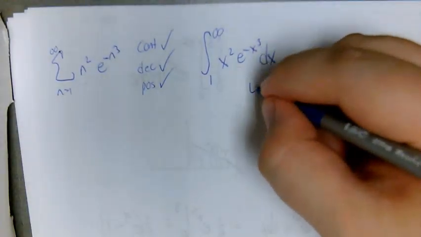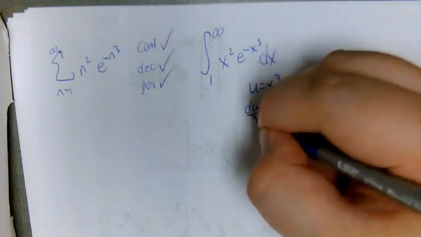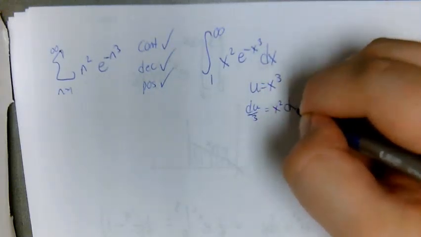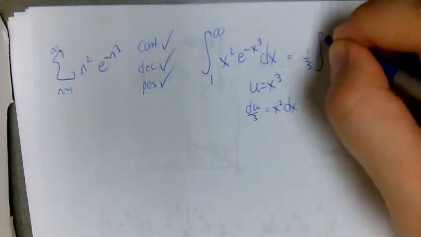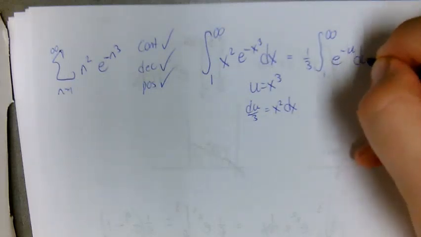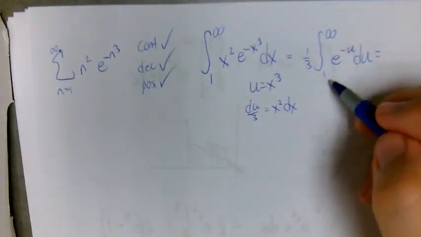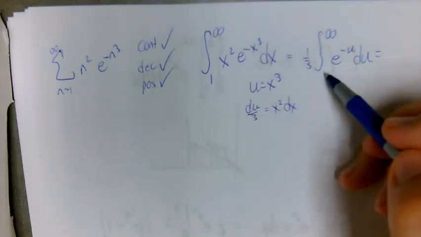All right, so as promised, I'm going to do my u substitution here. And I get that du over 3 will be x squared dx. So I have 1/3 the integral from 1 to infinity of e to the negative u du. And notice that my bounds will actually be the same here, because if I plug 1 in here, 1 cubed is 1.